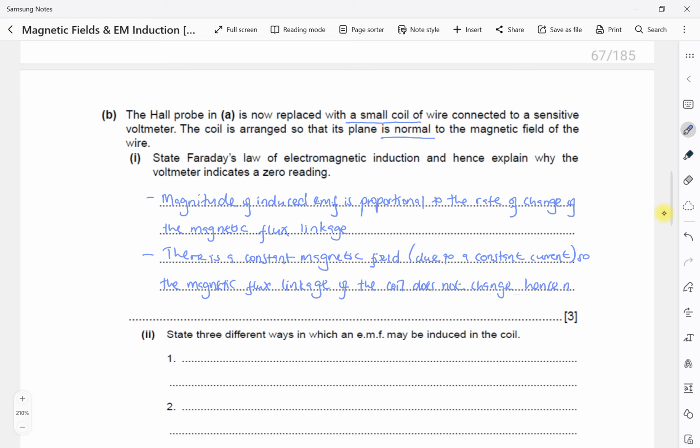Hence, no induced EMF. So holding a coil there, or replacing the Hall probe with a coil, and yet the current in the wire is constant, the magnetic field is constant. A constant magnetic field does not induce an EMF, so the magnetic flux linkage of the coil is constant. The magnetic flux linkage of the coil does not change, so there will be no induced EMF.